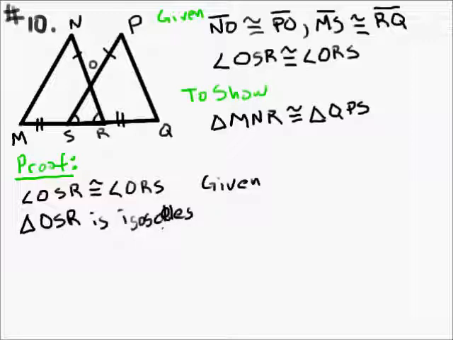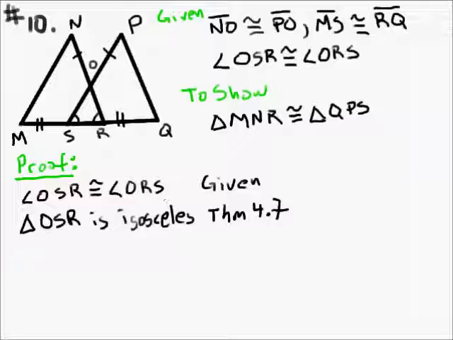Make that legible. It's isosceles. And the relevant theorem for that is theorem 4.7. If two angles of a triangle are congruent, then the sides opposite those angles are congruent. Theorem 4.7. And that's exactly what we want.